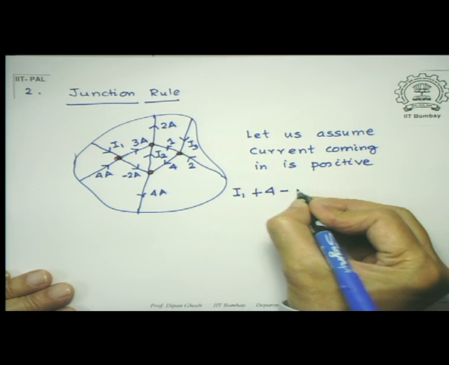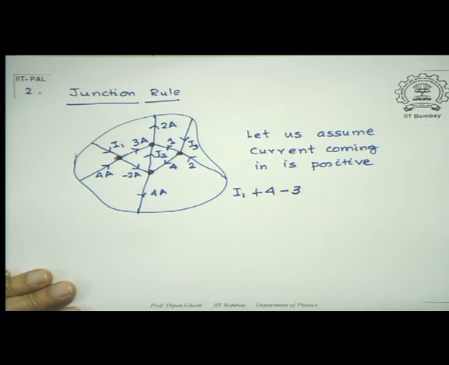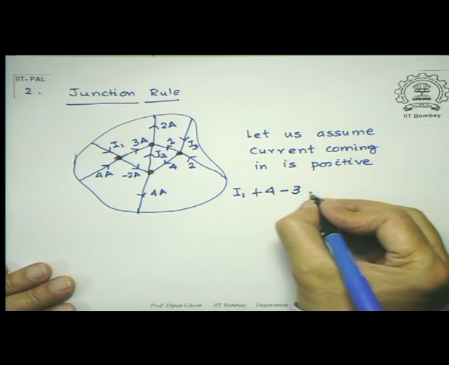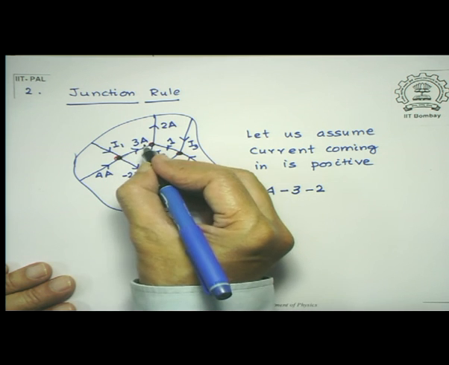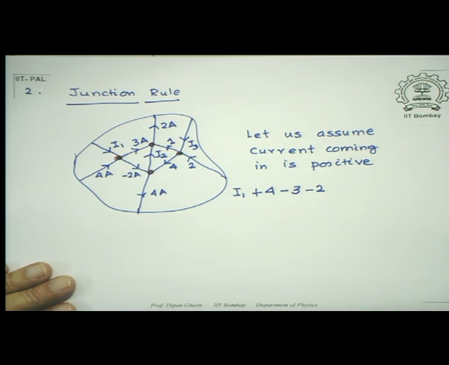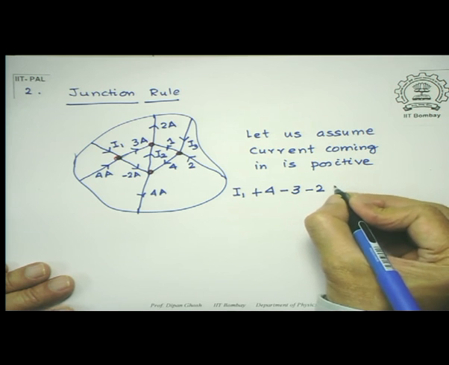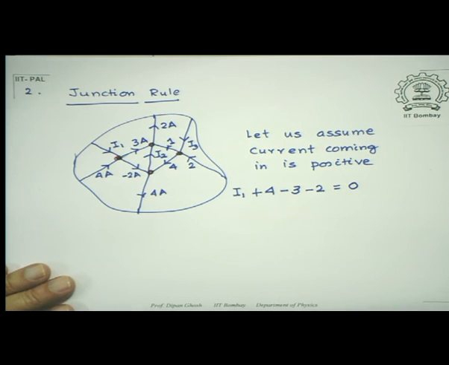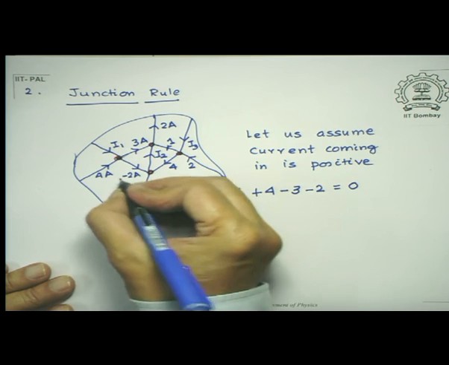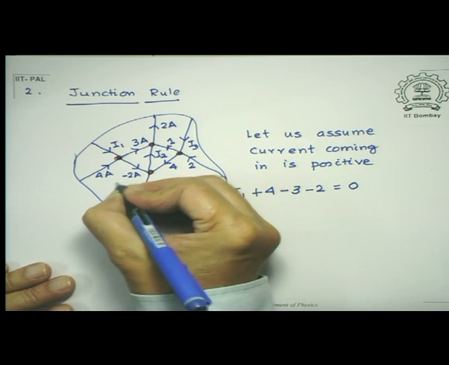I have got minus 3 and minus 2, because there is a 3 ampere going out here, 2 ampere going out there. So if you look at this, this quantity is equal to 0. I have written I1 here with a minus 2.